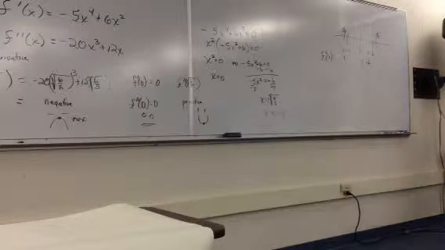So what do we know then? If the slope of the tangent line is positive on both sides of that number, what does it make that number? It's an inflection point.